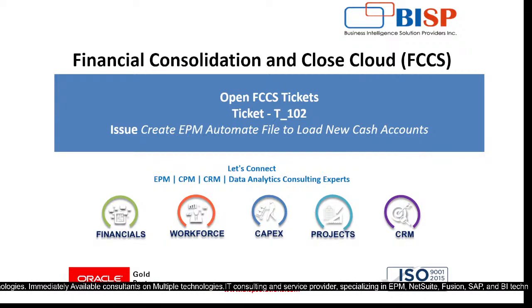The issue is to create an EPM Automate file to load new cash accounts. So I will load these cash accounts only, which I have loaded. I will delete these cash accounts in front of you, then I will load this file again through EPM Automate as well.